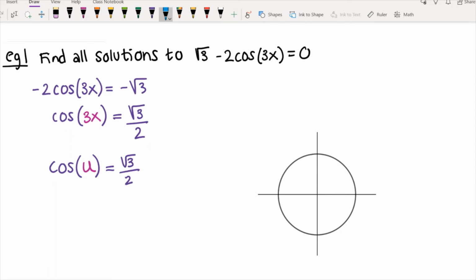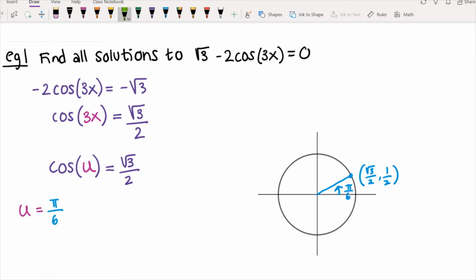So of the first two angles we can find where that happens, one of them would be pi over 6. So that has an x-coordinate of square root of 3 over 2, y-coordinate of 1/2. So that's one possibility, is that u is equal to pi over 6.